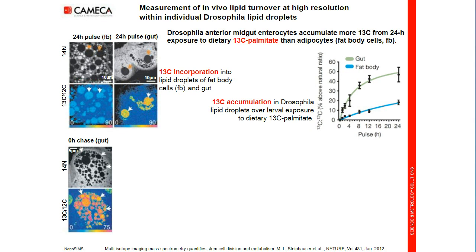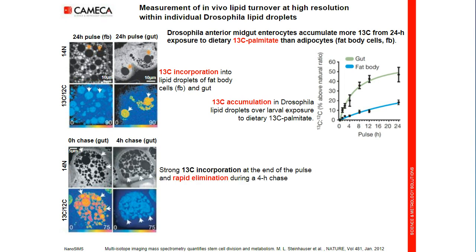After accumulation, the animals are fed a natural diet for variable times now. We see the decrease of carbon-13 palmitate after a 4-hour chase. So this is clearly visible in the color scale for the isotopic ratio.